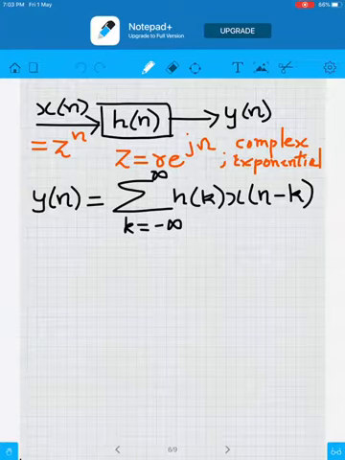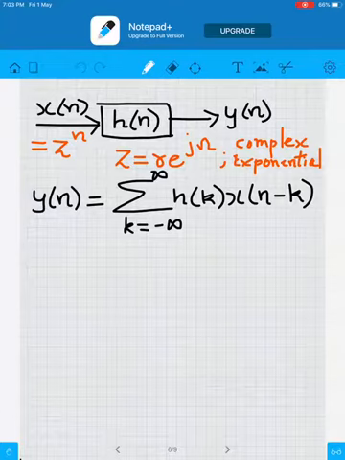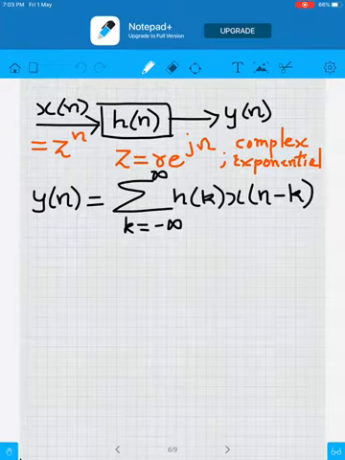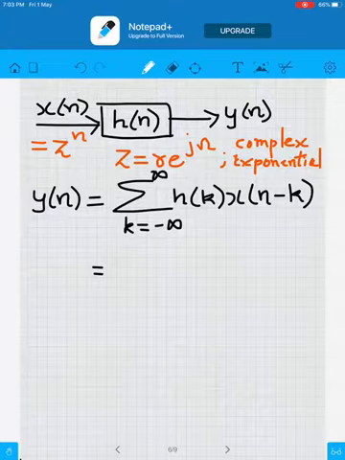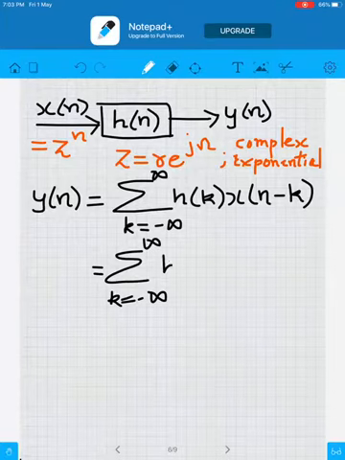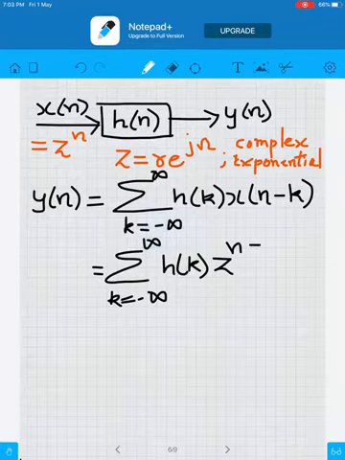Since we know the impulse response of the LTI system, we can write the output using the convolution sum as y of n is equal to summation k is equal to minus infinity to plus infinity h of k into x of n minus k. Since x of n is equal to z power n, I can write x of n minus k as z power n minus k. So summation k is equal to minus infinity to plus infinity h of k into z power n minus k.